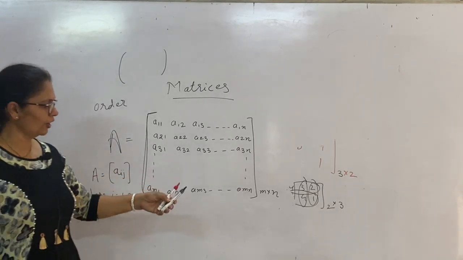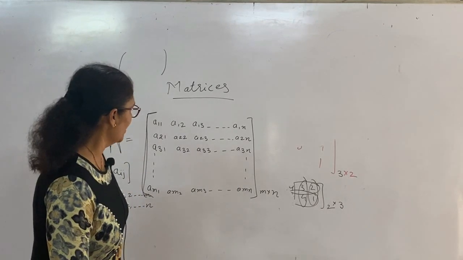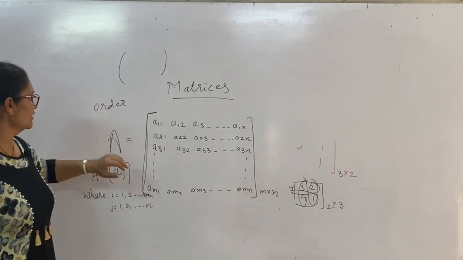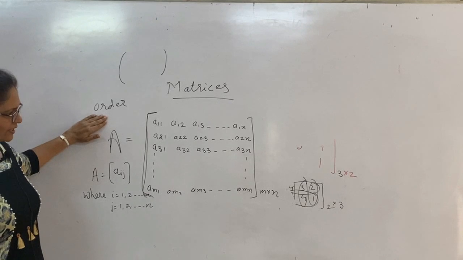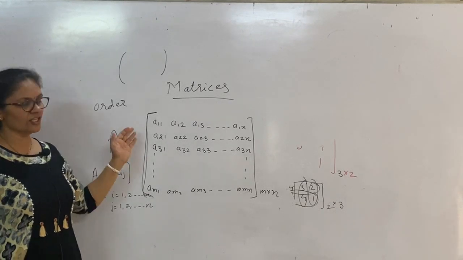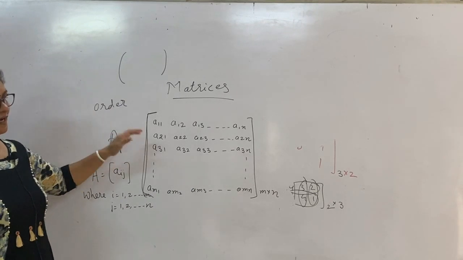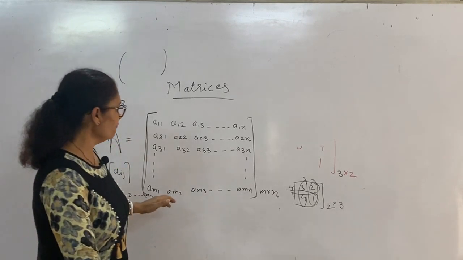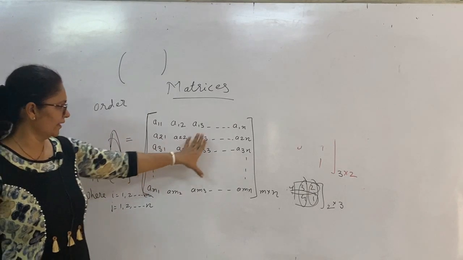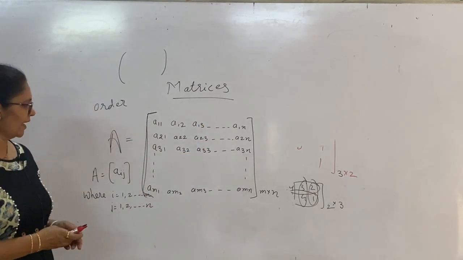So this is called our m cross n type matrix. Again, we revise it once: what is a matrix? It is an arrangement, but which type of arrangement? A rectangular arrangement of elements. And if we have written it in this manner, it is said to be a matrix.